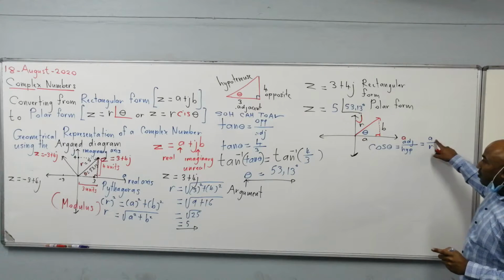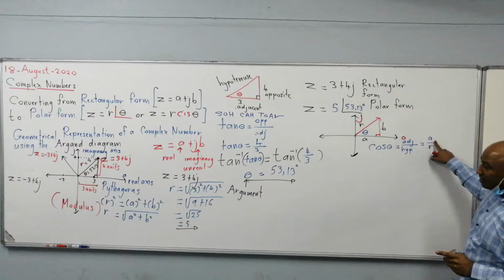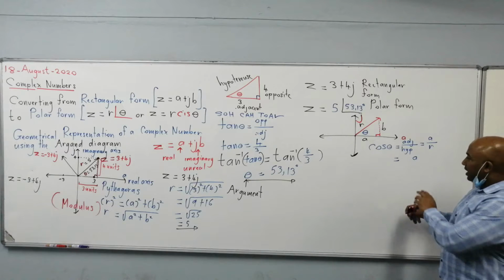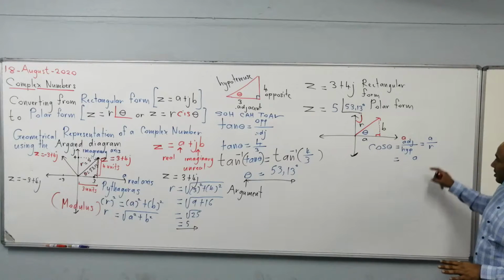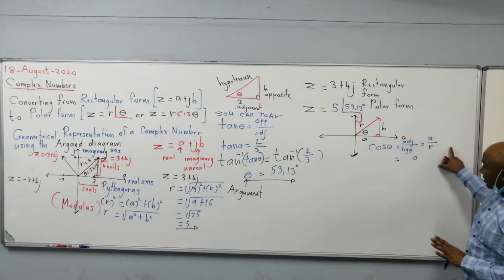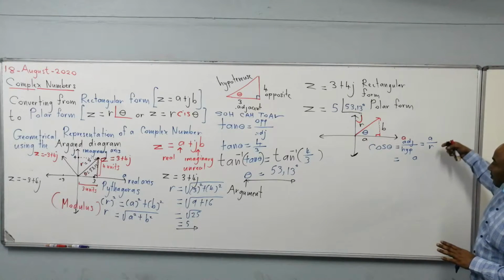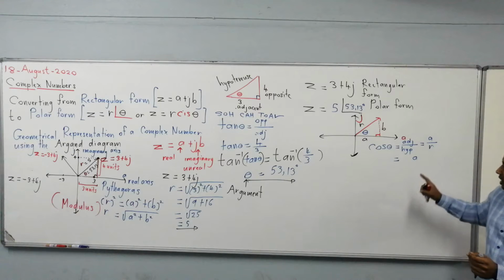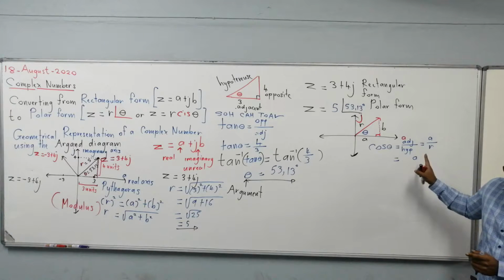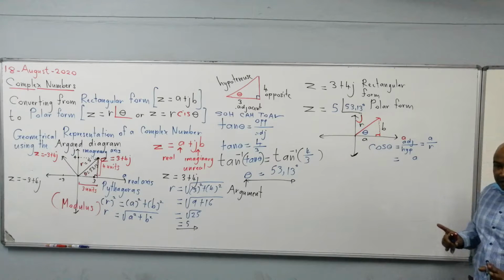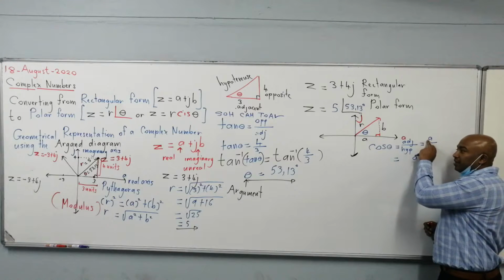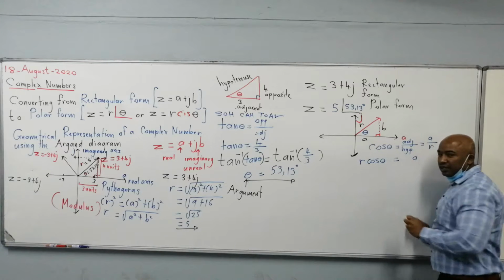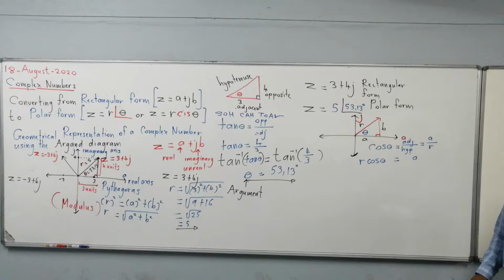Now, if I make A the subject of the formula, what will A equal? I'm talking in terms of cos theta, A and R. From this formula, if I want to make A the subject of the formula, what must I do? I need to multiply by R on both sides, or cross multiply by R. You understand that? So A will equal R cos theta. You're clear with that? Right.